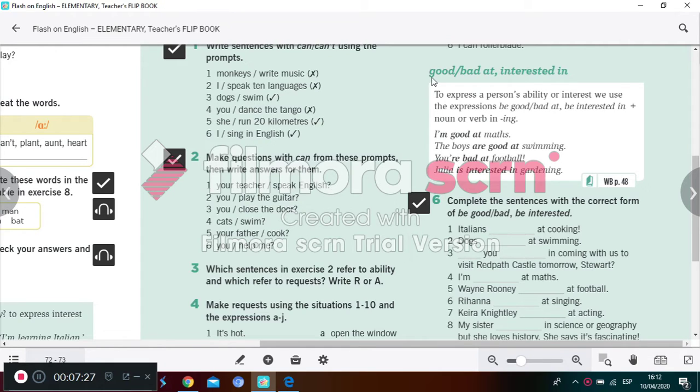Remember, we use good at, bad at, and interested in to express a person's ability or interest. For example, I'm good at math. I'm good at history. I'm good at English. I'm good at cooking.